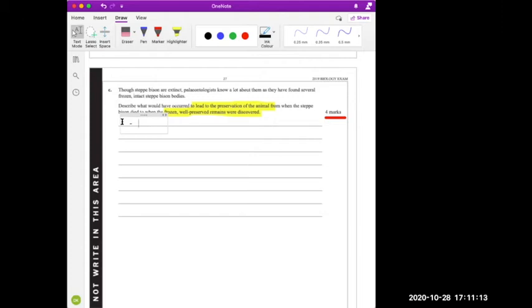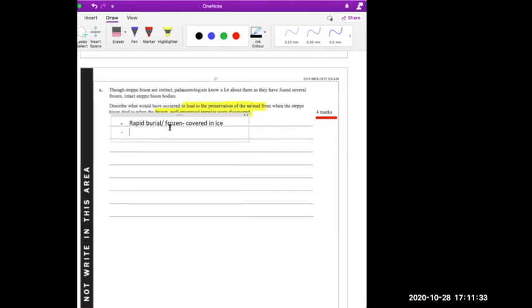So you need to mention rapid burial or immediately frozen or covered in ice, which is similar to rapid burial. You can expand on this and make the sentences sound nicer, but this is the crux of the information that you need to put in. So rapid burial, frozen, covered in ice.